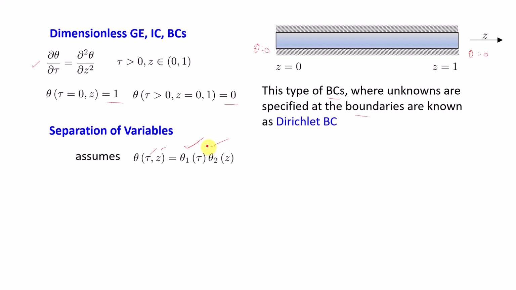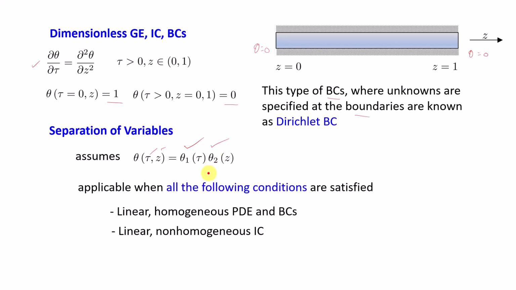Of course, a detailed discussion of separation of variable is not part of the course, but at least we have to see under what condition we can assume this kind of a separable solution. The condition for having a separable solution in the transient case is like this. We must have a linear and homogeneous equation.